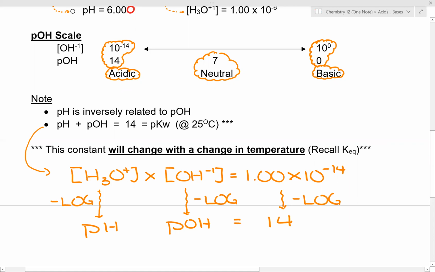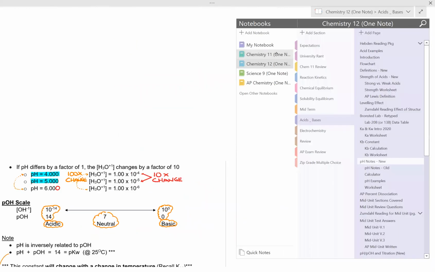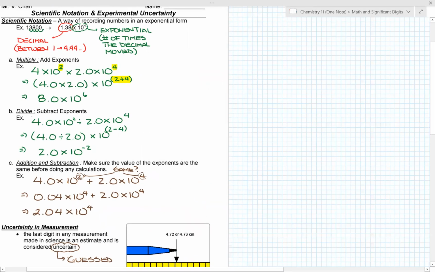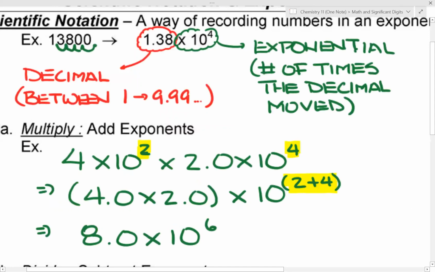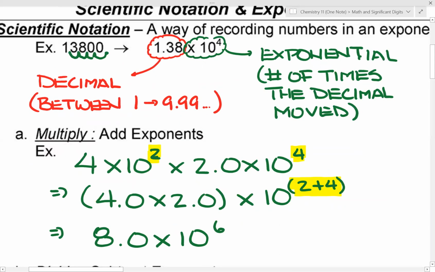Now, how did they change this from a multiply to a plus? Well, it goes back to your math. Remember, when we multiply exponents, what we do is we add them together. Notice if I had 4.0 times 10 to the 2 times 2.0 times 10 to the 4, I have to add the exponent 2 and the exponent 4 together to get 6.